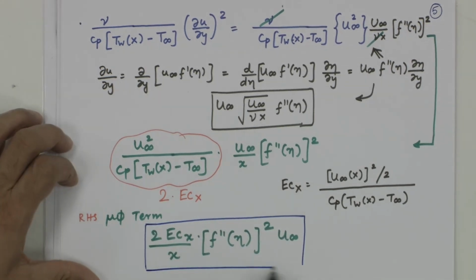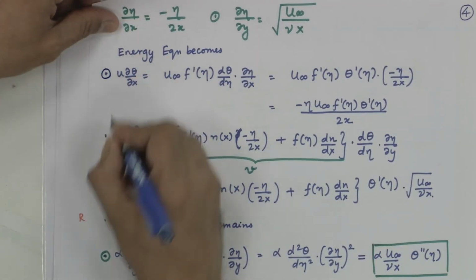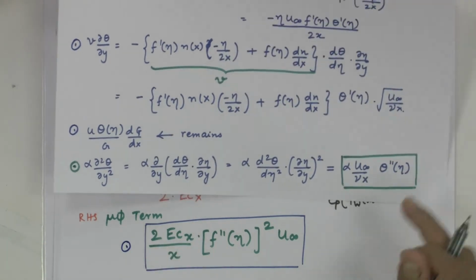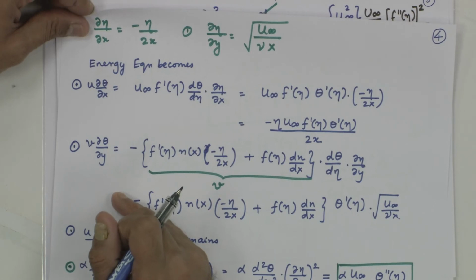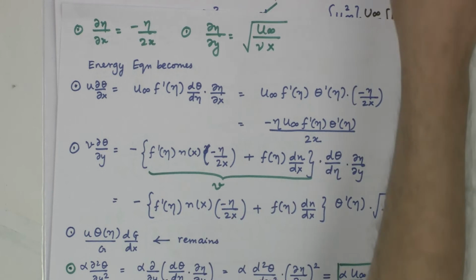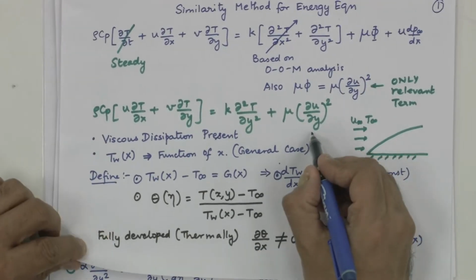Now my next job is to substitute for all these together, these 5 terms, and do some algebra in the governing equation, which was u ∂T/∂x plus v ∂T/∂y equals α ∂²T/∂y² plus this viscous term.